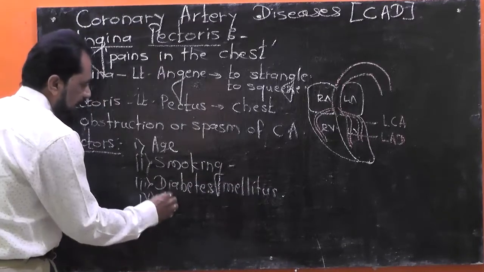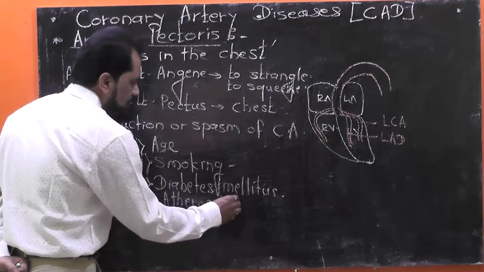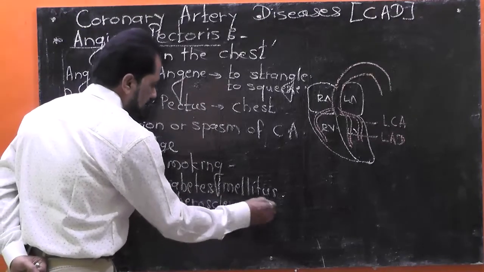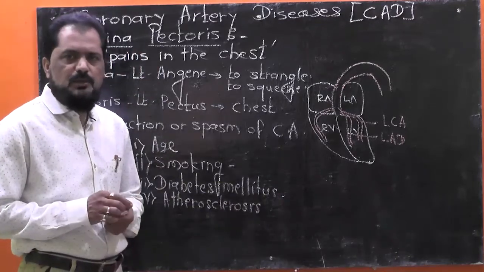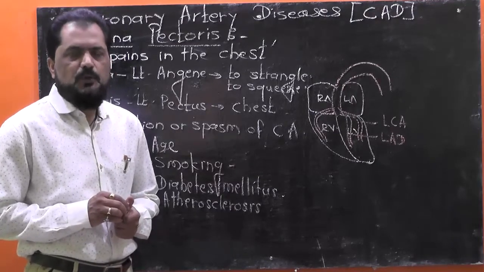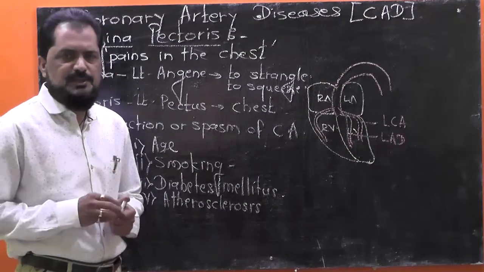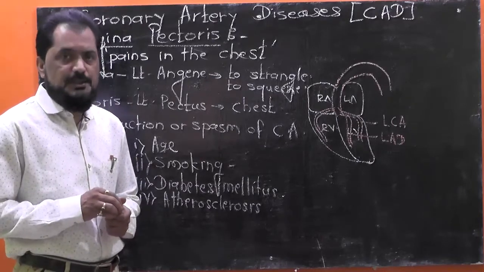Fourth, atherosclerosis. It is the main cause of coronary artery diseases. We have already studied. Atherosclerosis means there is deposition of fat, cholesterol or other substances in or on the wall of arteries.